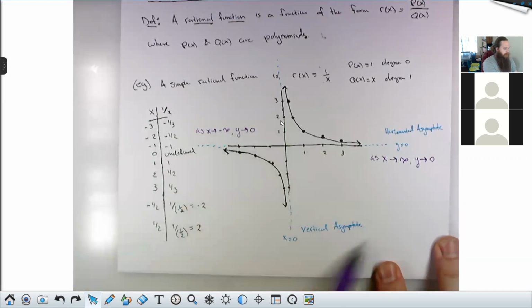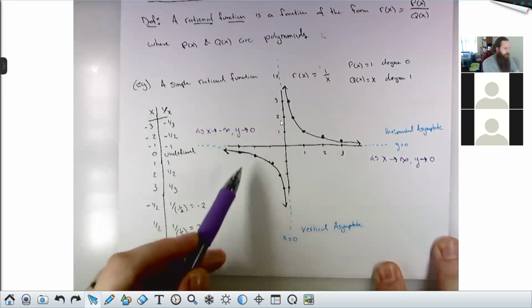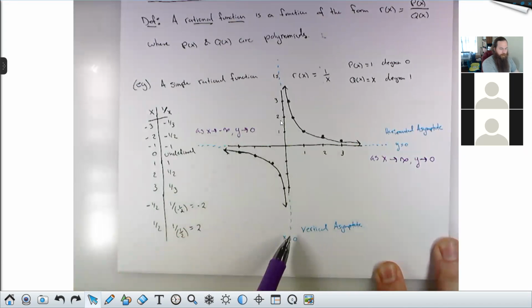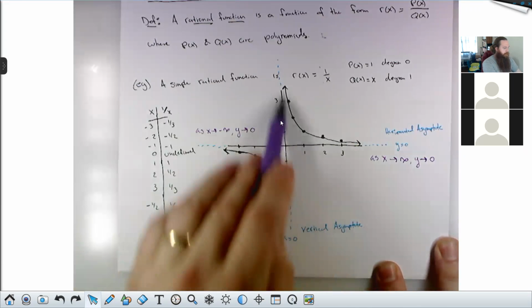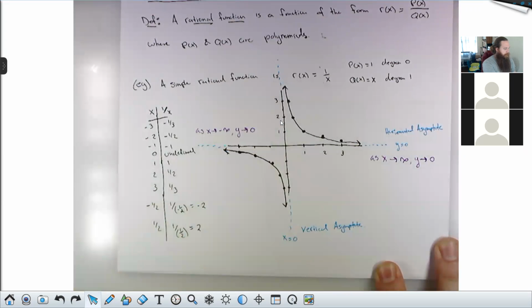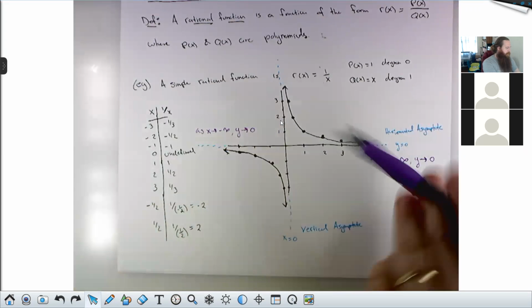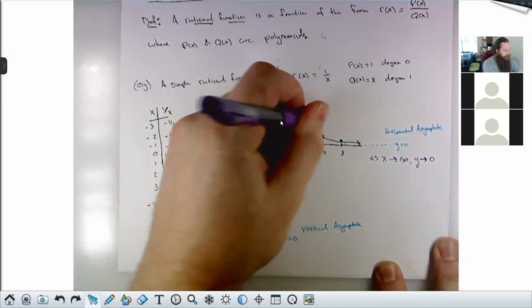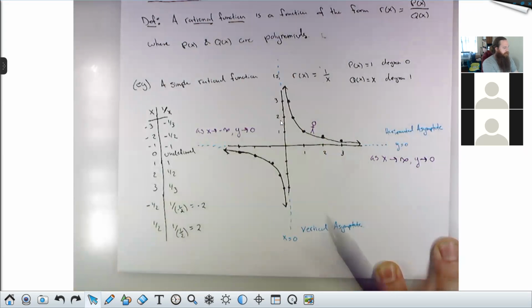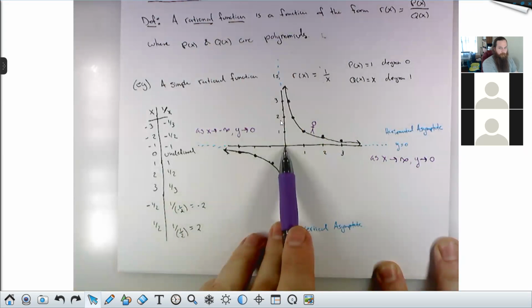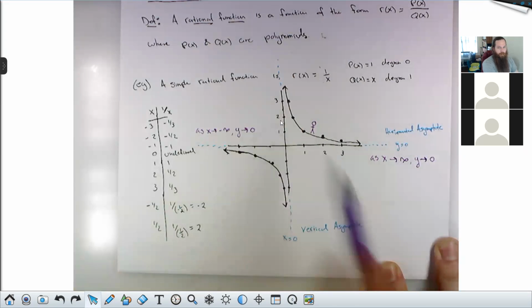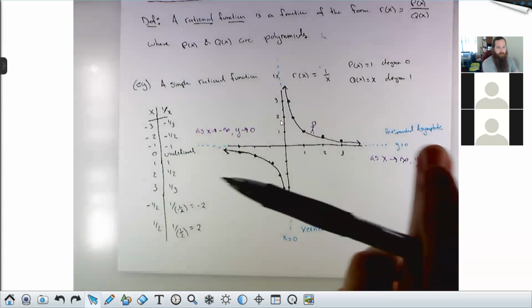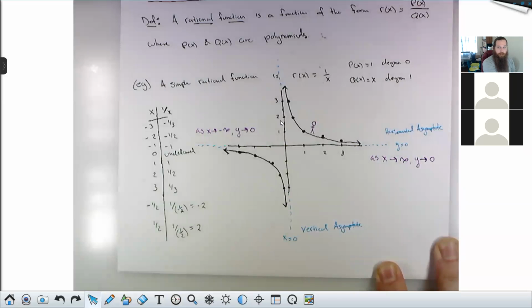Things are a little bit more complicated here at the vertical asymptote, because as we approach 0 from the left, we're going down. But as we approach 0 from the right, we're going up. So let me show you that notation. Approaching 0 from the right, imagine you're a little guy walking along this graph. If you're sneaking up on x value 0 from the right, then your x values are positive.